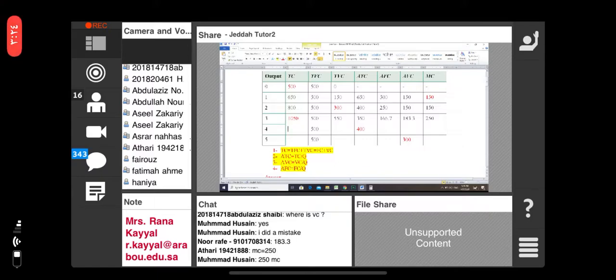Okay, next in level 4, when quantity equals 4, I have fixed cost 500 and average total cost equal 400. Average total cost is available in which formula? How did you get it, Muhammad Hussein?